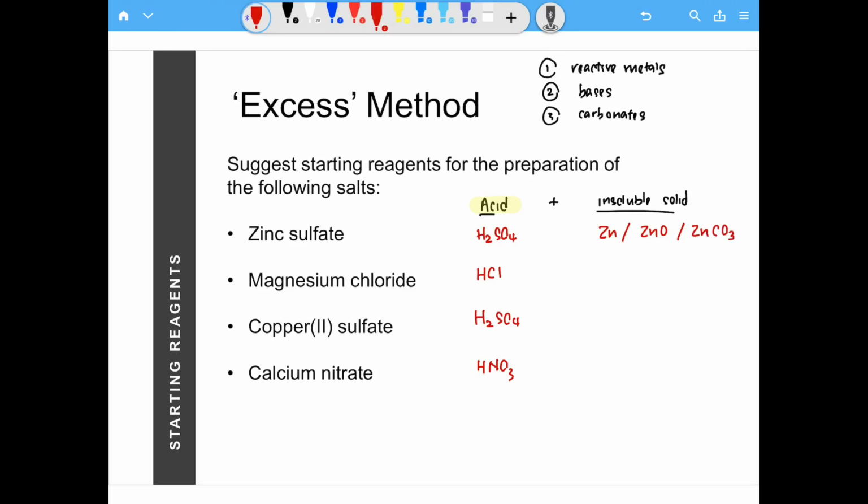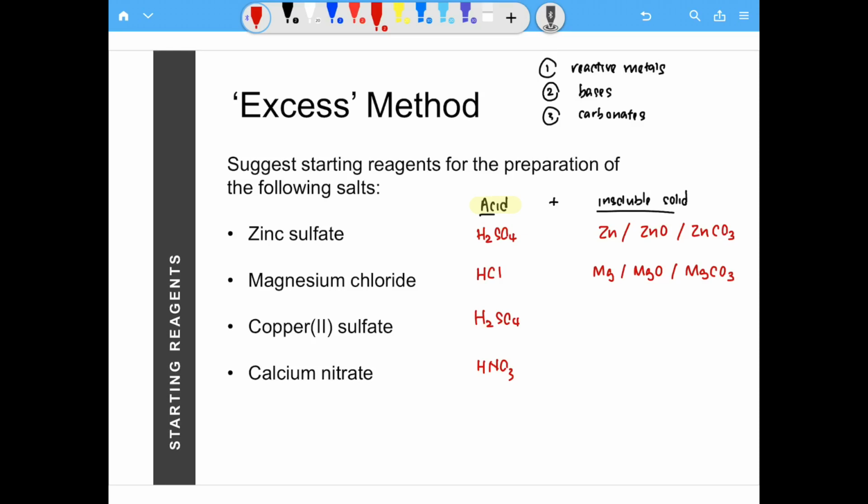Similarly for magnesium chloride, we can react hydrochloric acid with the metal magnesium, the base magnesium oxide, or the carbonate magnesium carbonate.